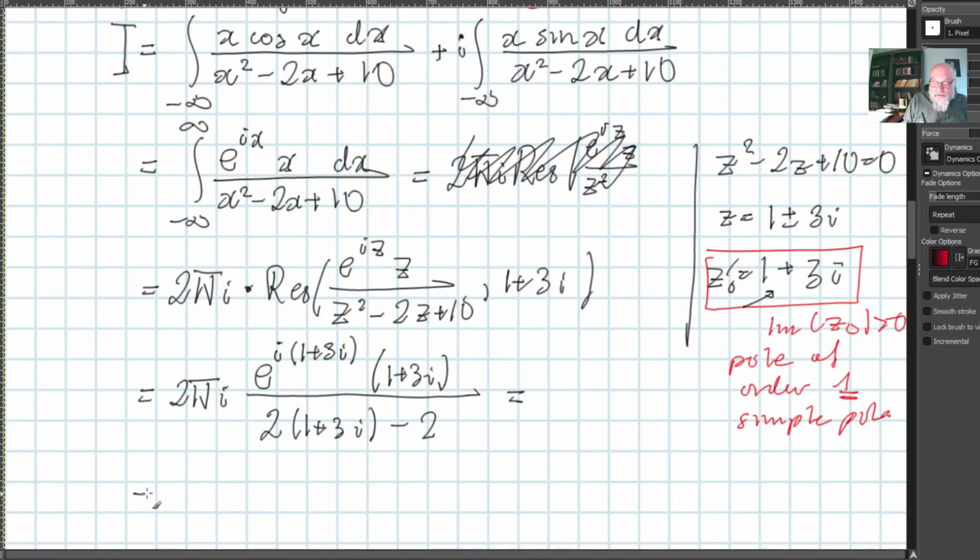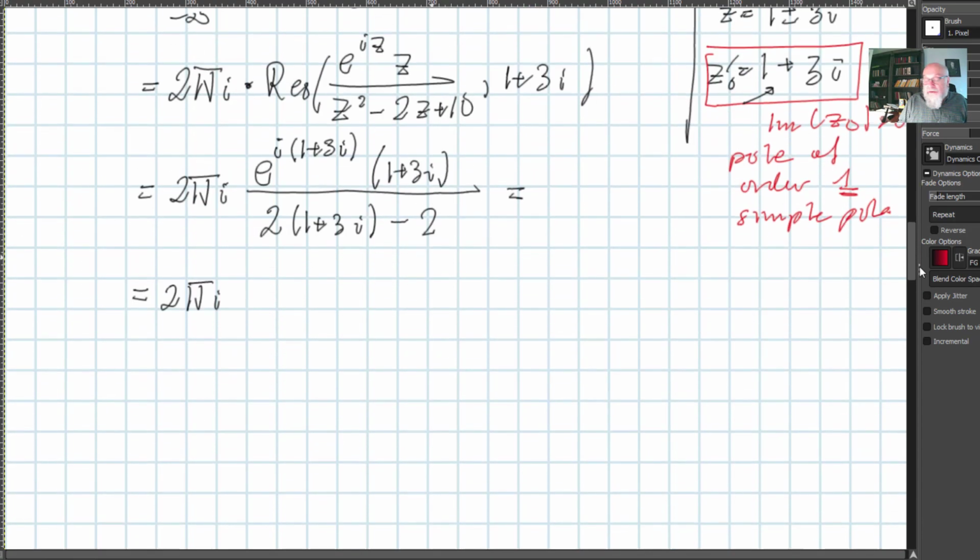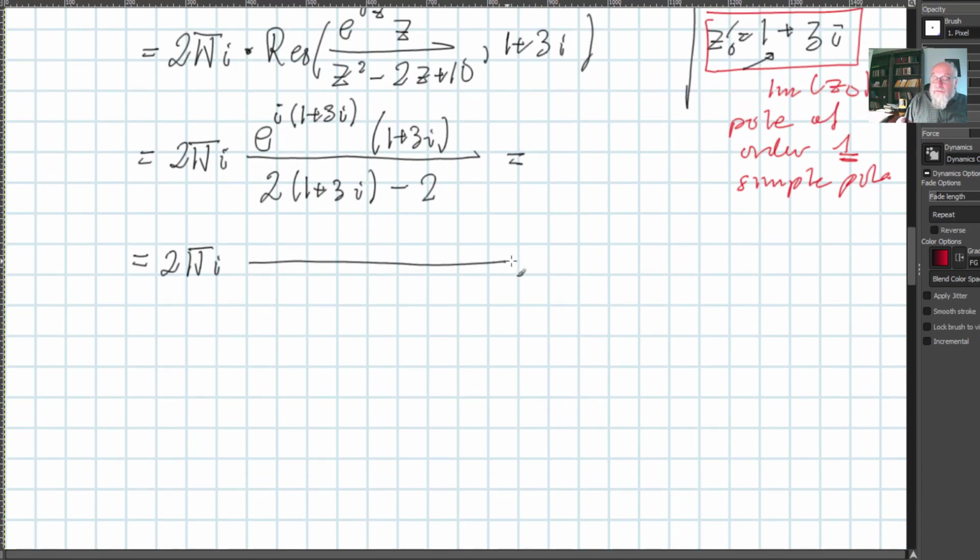Now we can simplify, and we get e to the power minus 3, and then cosine 1 plus i sine 1 times 1 plus 3i, and the denominator here will be just equal to 6i.